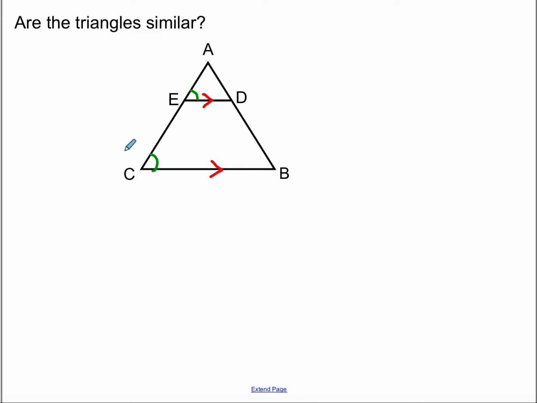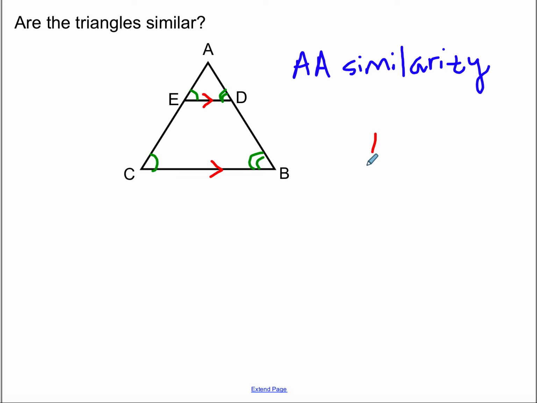Those are corresponding angles, and when we have parallel lines cut by a transversal, the corresponding angles are congruent. Similarly, this angle will be congruent to this angle. By AA similarity, that's all we need to know in order to say that the two triangles are similar. You can see that now you have three tools in your tool belt to prove that two triangles are similar. I'm sorry, I just misspoke a second ago. These two triangles are similar, not congruent.